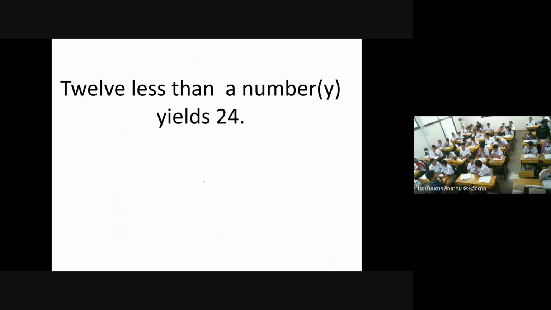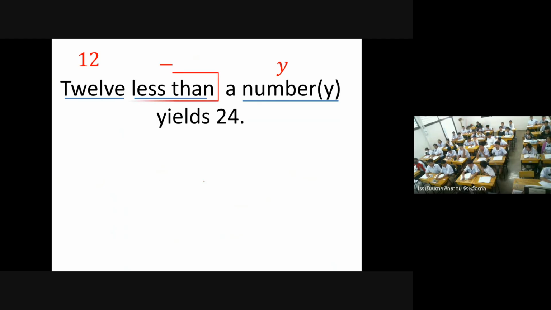Very good. Sit down. Less than is not a number; Y is just Y, but again, less than means minus.